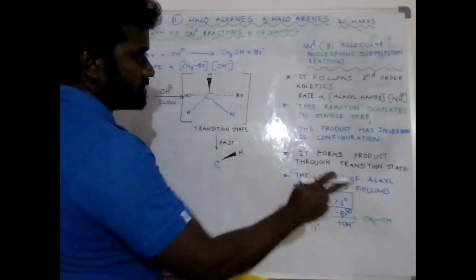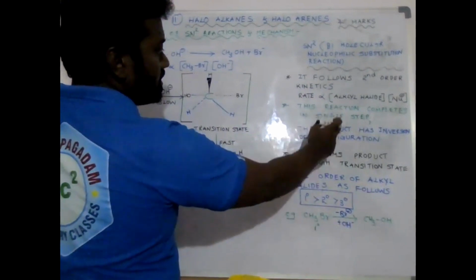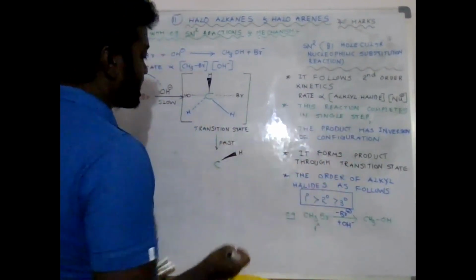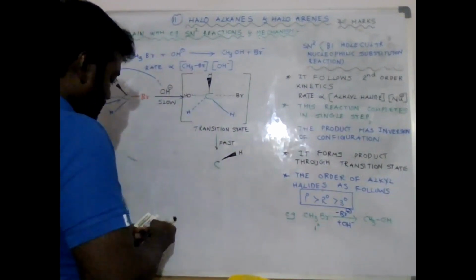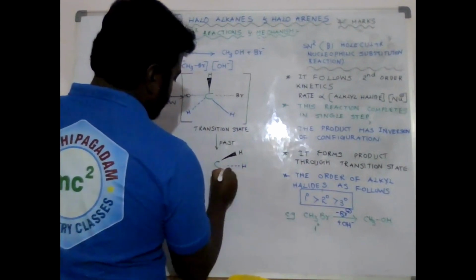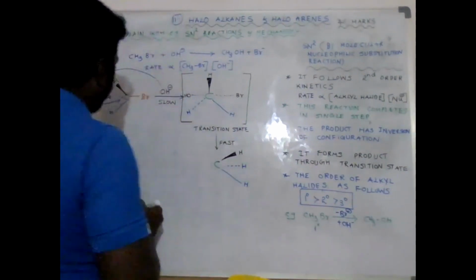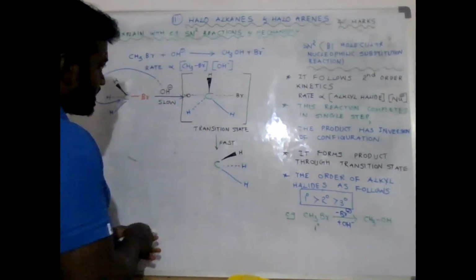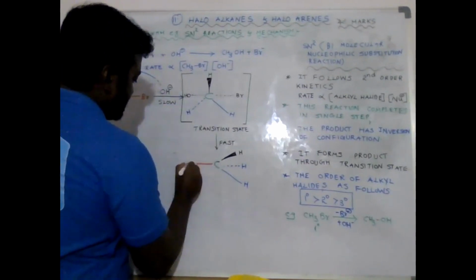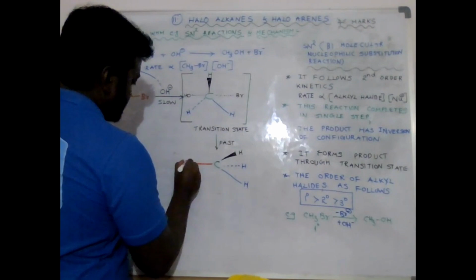We know that the product has inversion configuration. That is very, very important. Now observe that inversion, how it is coming. This hydrogen will come like this, and this hydrogen like this. And instead of Br minus, OH will come here. This is the product.